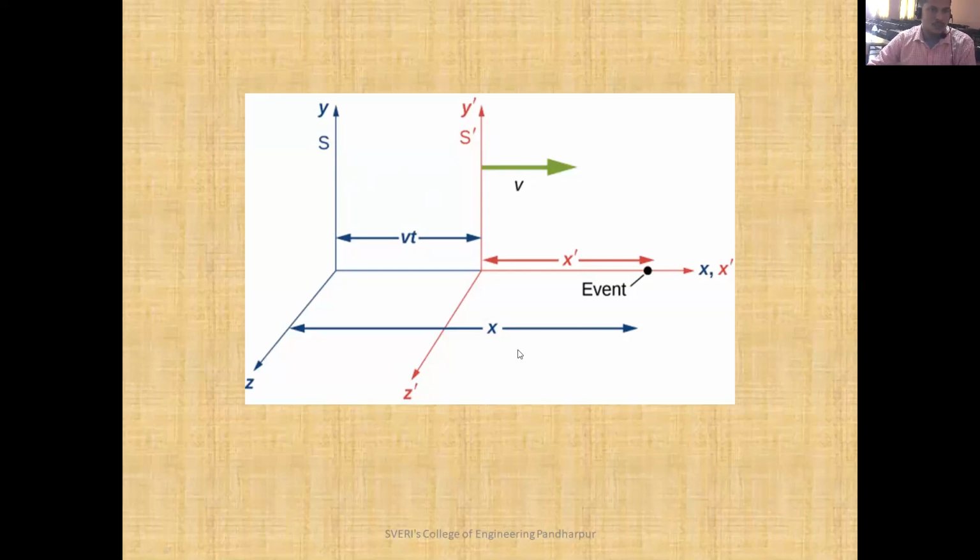Three are shown, that is x, y, z, and the fourth one is the time coordinate, t. For system S, the coordinates are x, y, and z. For system S dash, the coordinates are x dash, y dash, z dash. The time coordinate for system S is t, and for S dash it is t dash.